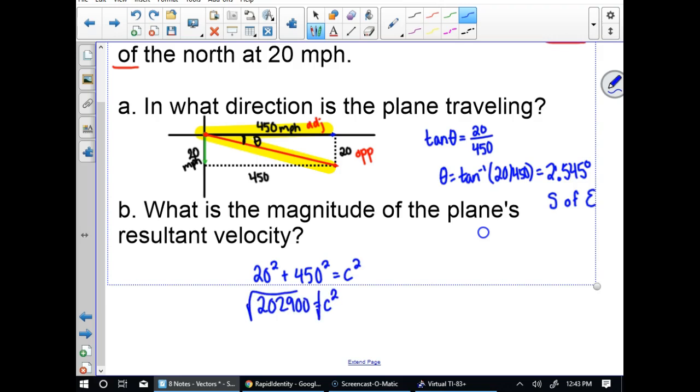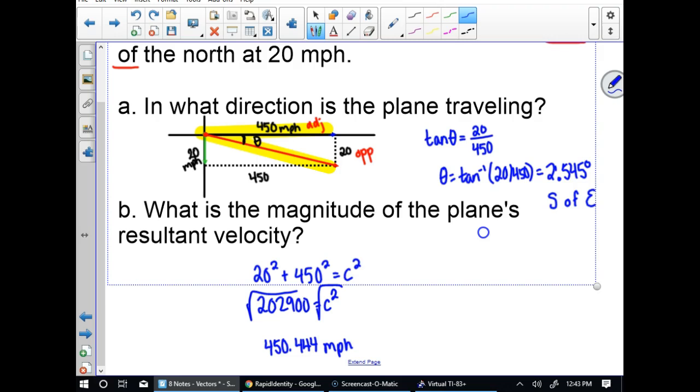And we would square root both sides, and we get 450.444 miles per hour is our magnitude.